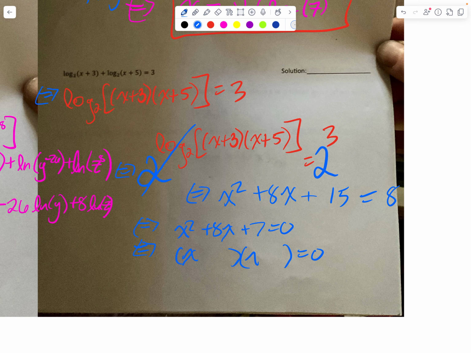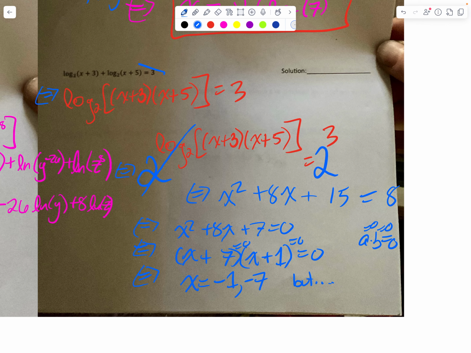An x and an x, a 7 and a 1. By the zero factor property, a number times a number is 0. One of these has to be 0, or both. So x could be minus 1 or minus 7.